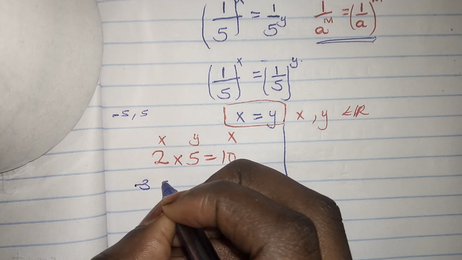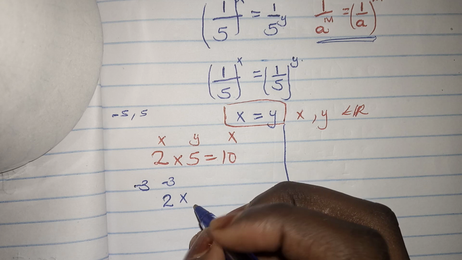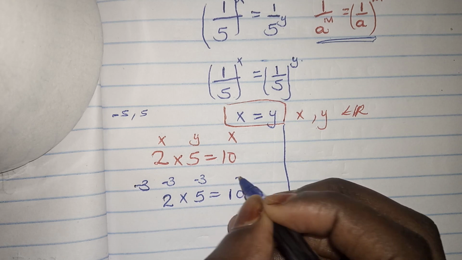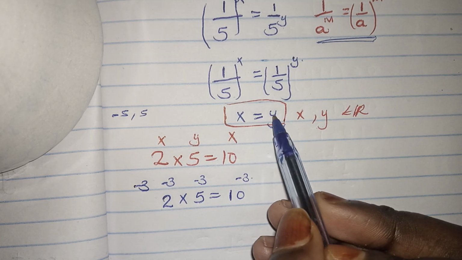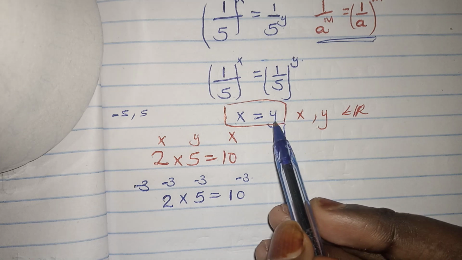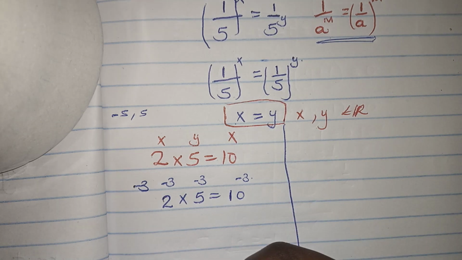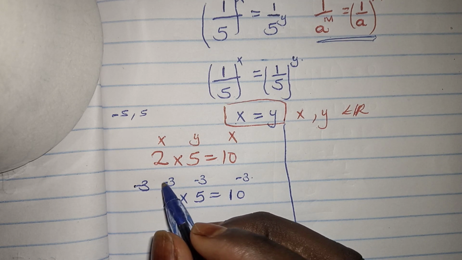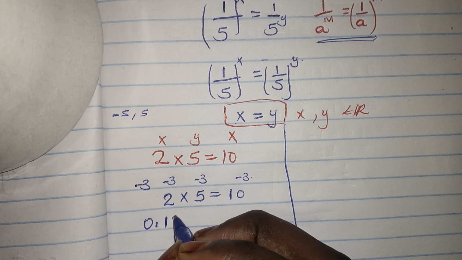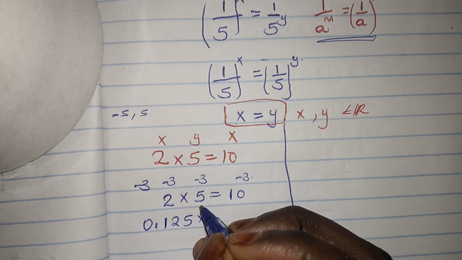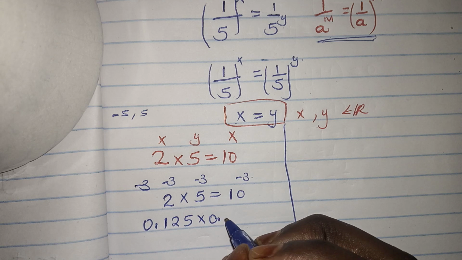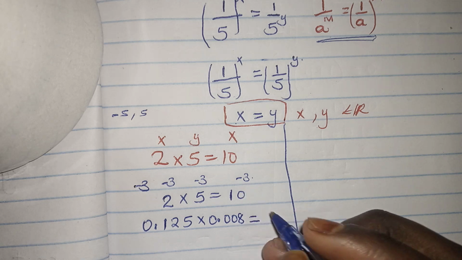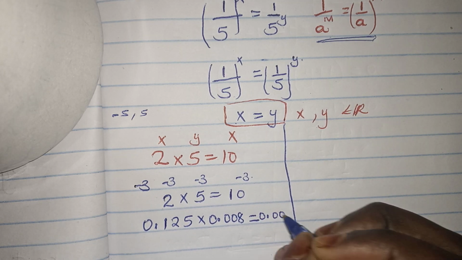2 to the power of -3 times 5 to the power of -3 is equal to 10 to the power of -3. Remember, x is equal to y. If x is -3, y is also -3, right? So let us confirm using our calculator. 2 to the power of negative 3 is 0.125, times 5 to the power of negative 3, this is 0.008, is equal to 10 to the power of negative 3, this is 0.001.